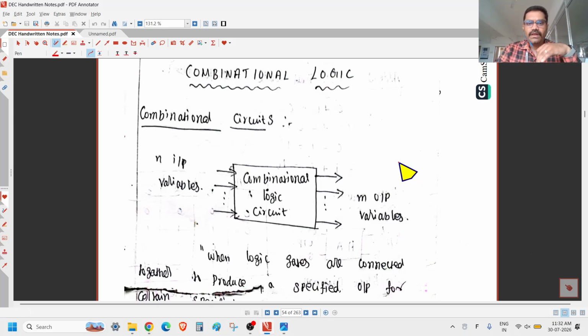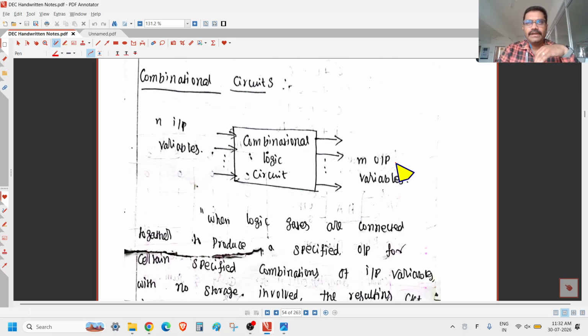Okay, so first of all, before entering into the adder circuit design, we must know what a combinational logic circuit is. I hope you can see the diagram. This is the block diagram for the combinational logic circuit. Here we have n input variables and m output variables.